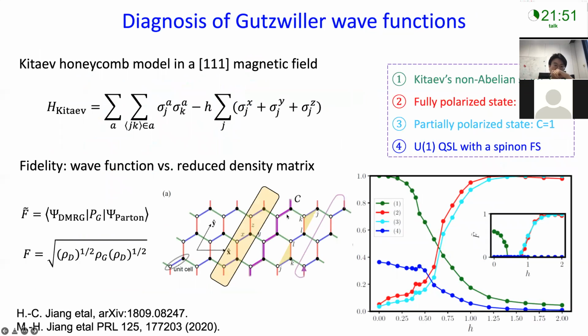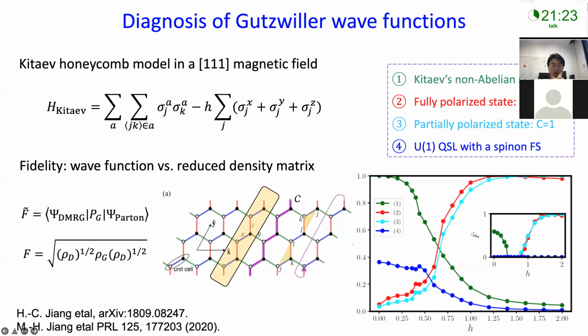Okay, so let's now consider a less trivial case, the Kitaev honeycomb model in a [111] magnetic field. With the magnetic field H, this model can no longer be exactly solved. But we know some intuitions from two limits. When the magnetic field H is small, the ground state is approximately Kitaev's non-abelian state with Chern number equal to 1.